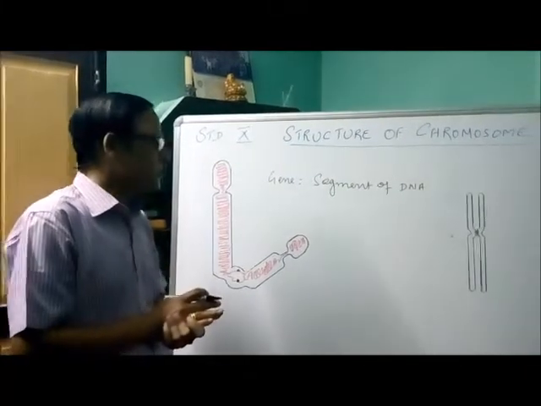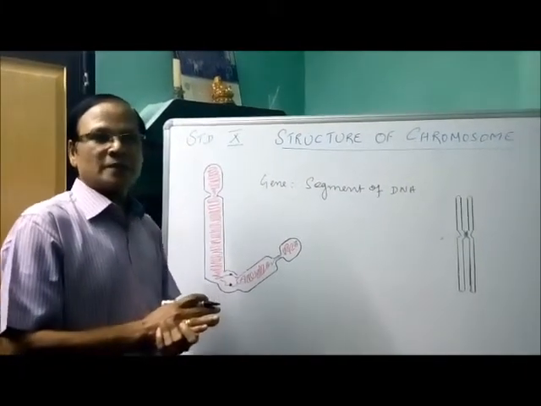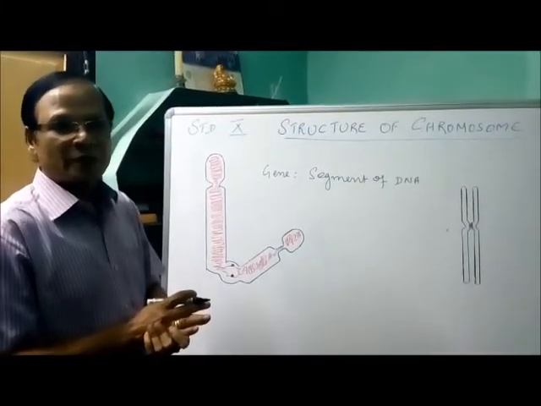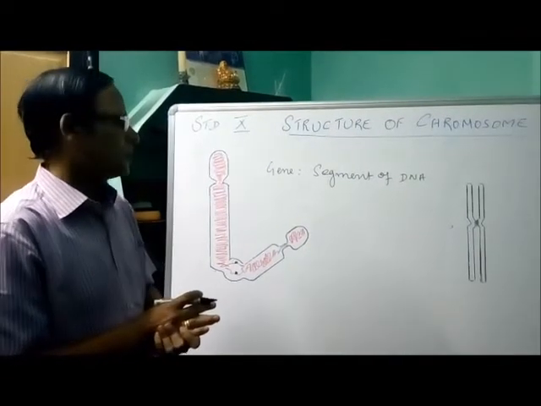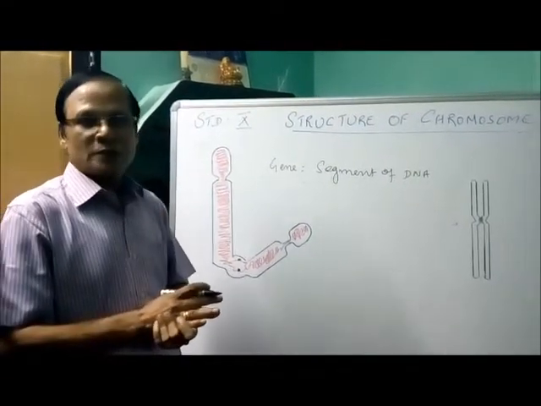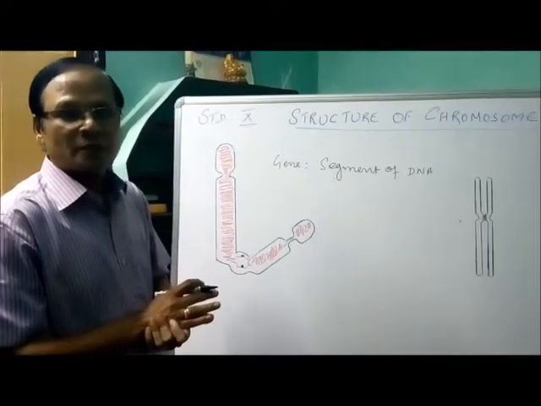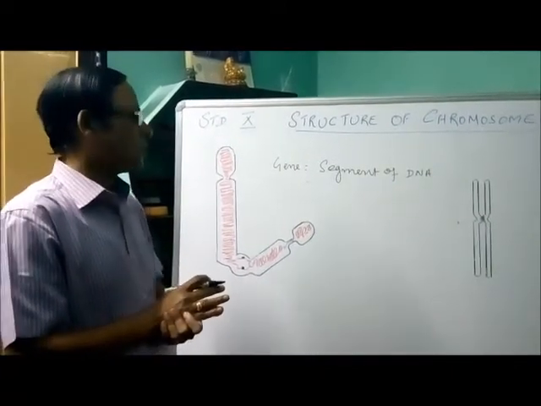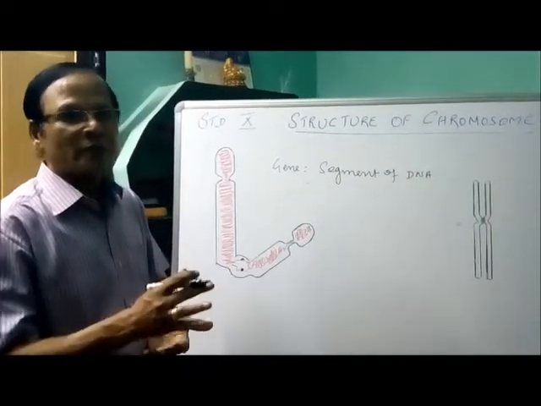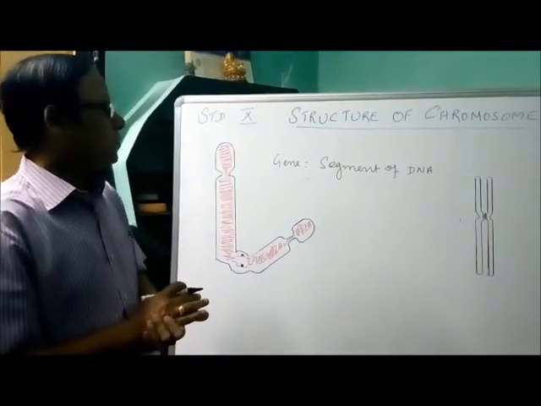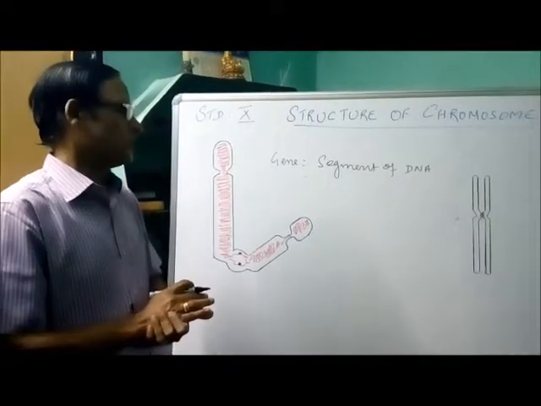So, a gene is a segment of DNA carrying the genetic information which is transferred to the next generation. During cell division, the genes which contain the hereditary information are passed on from one generation to another. Now I will go deeper into the structure of a chromosome.